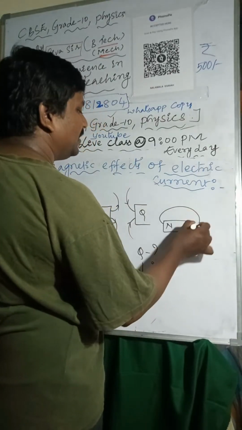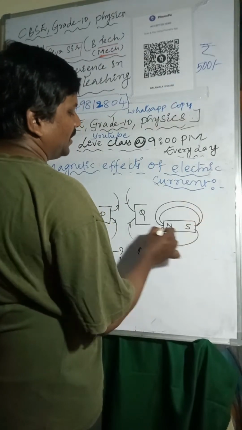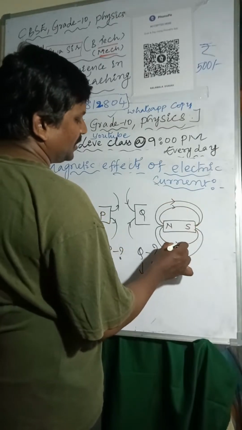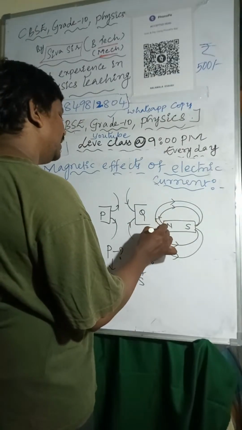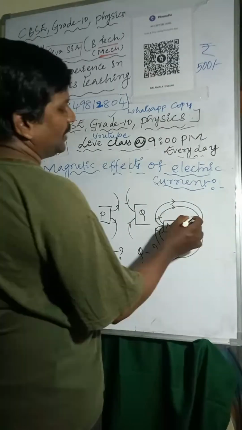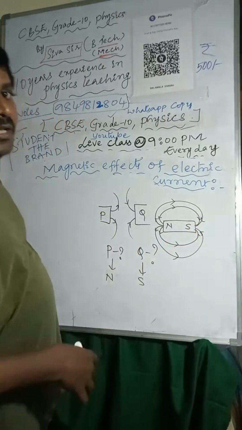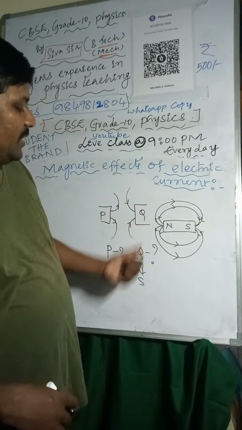The field lines will be from north to south like this. From the North Pole, the field lines are moving away, and towards the South Pole, the field lines are reaching. That's why this point is called north and this point is called south.